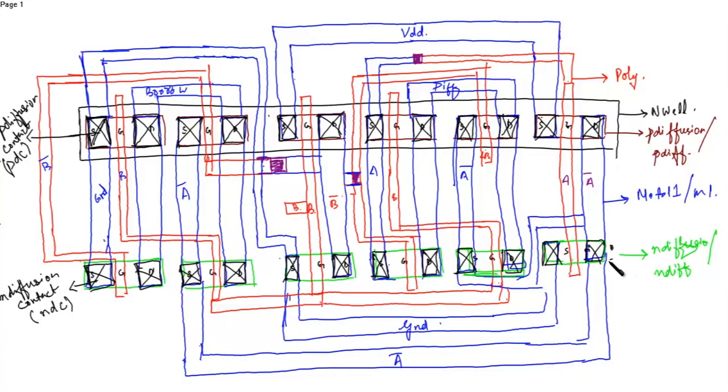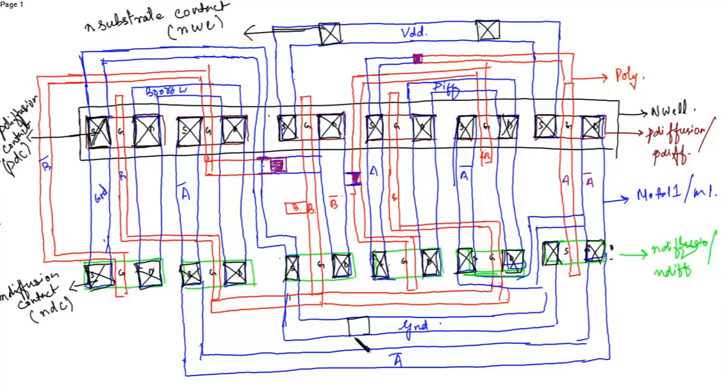Next you have to place the substrate contacts in the VDD and ground layer. This is VDD. This is the N substrate contact, NWC contact.